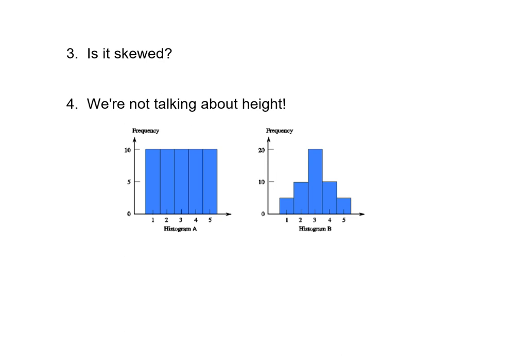There's more variability in the data summarized in the histogram for A than in the histogram for B. This is because the values of the variable described by histogram B are more concentrated near the mean than are the values for the variable described by histogram A. Don't be misled by the fact that there is no variability in the frequencies in histogram A, in the heights of those bars.